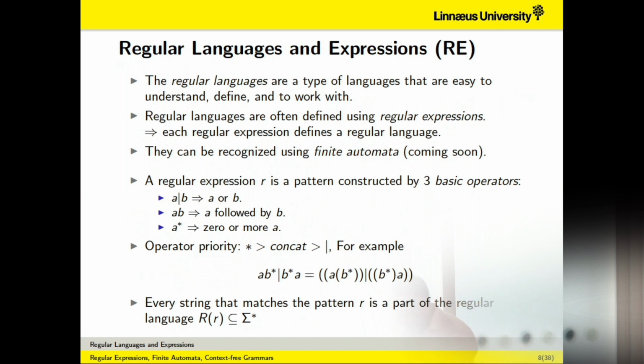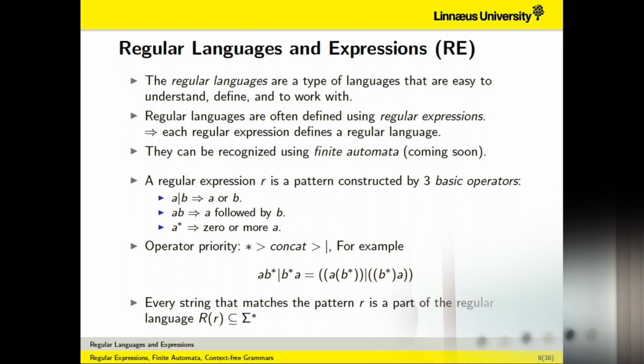We have different categories of languages, like formal languages, context-free languages, and regular languages. Regular languages are defined using regular expressions, and they are the simplest languages. Why? Because in regular languages we only have a few basic constructs.